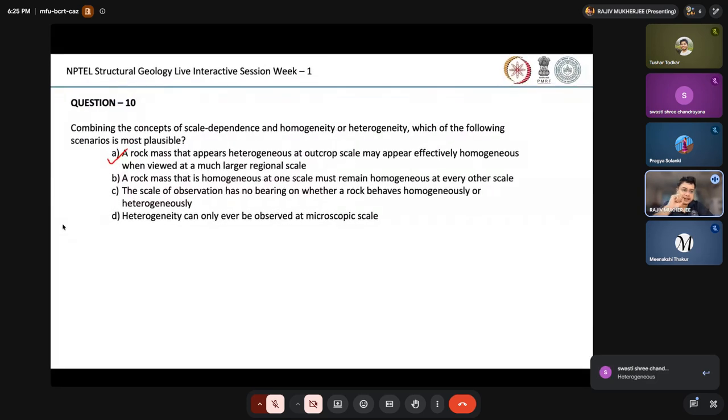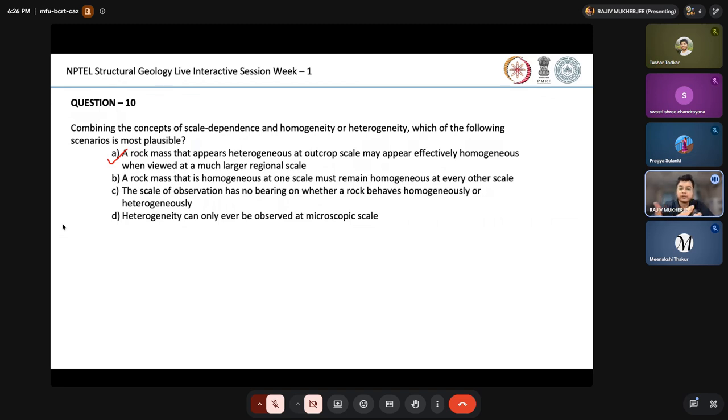If I have a BIF rock, banded iron formation, or a shale with laminated layers, or a banded gneissic rock, these are layered rocks, right?